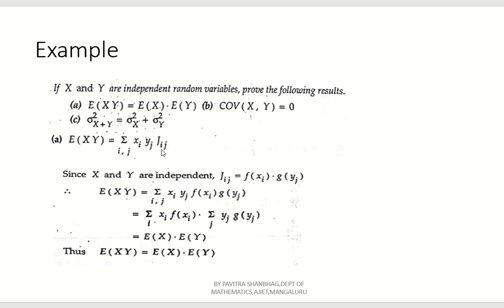So here instead of Jij, we are writing f(xi) into g(yj). Now split xi and f(xi) terms one side and yj and g(yj) the other side. So what will we get here? Expectation of x into expectation of y, right? So this is nothing but E of x and E of y. Therefore expectation of xy is E of x into E of y. What about the next one?